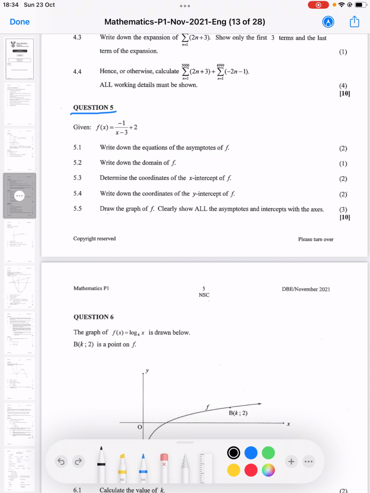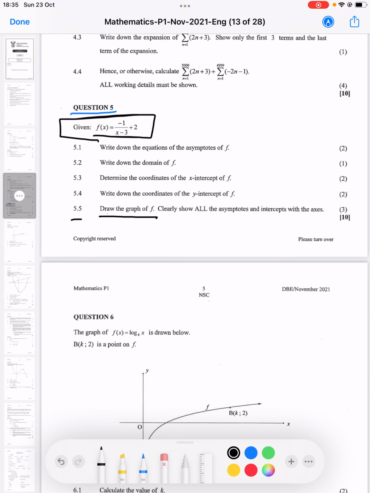The last question being 5.5, it says draw the graph of f. Clearly show all the asymptotes and intercepts with the axes. So they want you to draw the graph of f. Where is f? This is the function. So they actually want you to draw the given function.